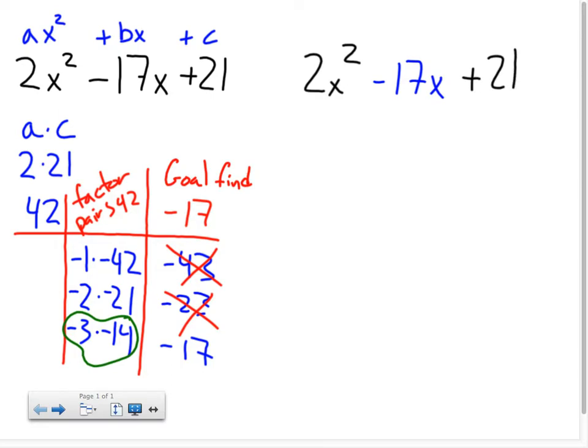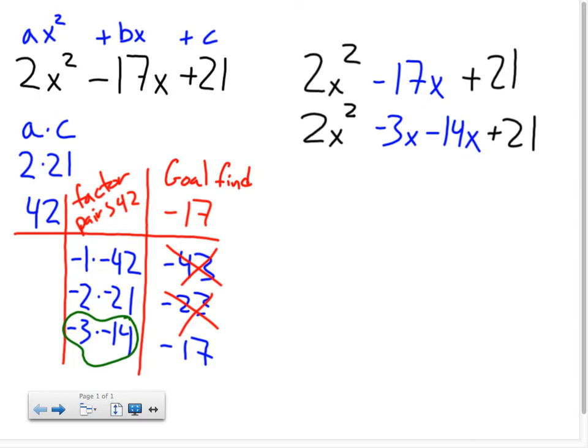I said we're going to split the b term up, so here we go. Instead of negative 17x, I'm going to write negative 3x minus 14x. That came from our goal, the factor pairs that work. And then everything else I'm going to write below that's still there, 2x squared plus 21. So we haven't really changed the problem. We've just come up with a very specific way to split the b term apart.